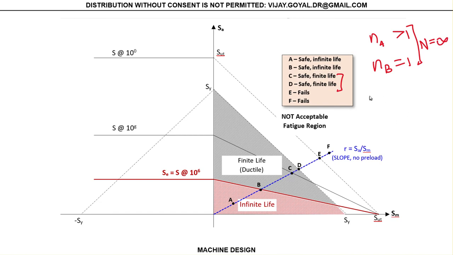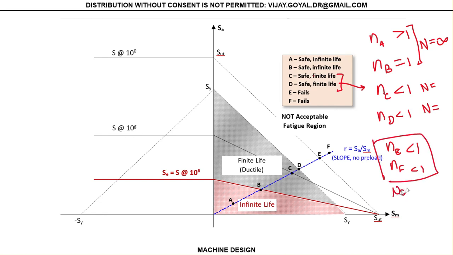Now, if I say, what is my point C, it would be less than 1. My life is finite. If I say my point D, this is also less than 1, and my life is finite. But my points E and F are also less than 1, but not good. I don't want to stay inside that region. I don't want to stay outside this region.